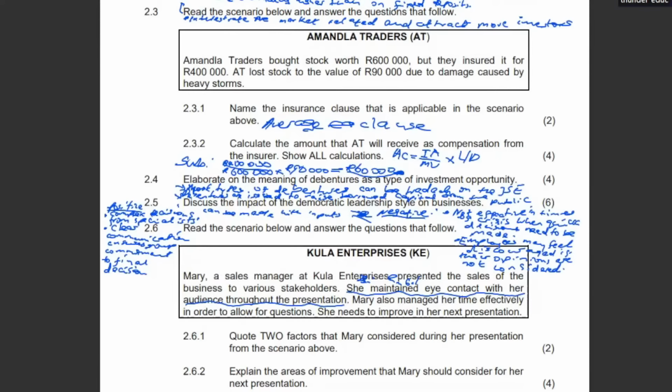The next sentence: Mary also managed her time effectively in order to allow for questions. So here also, this is 2.6.1.